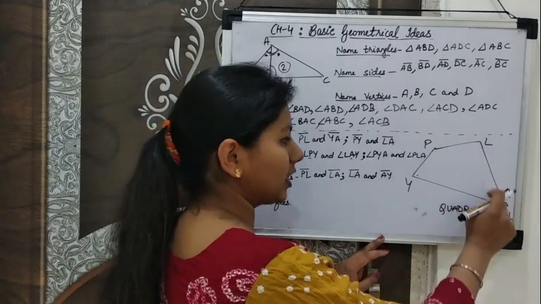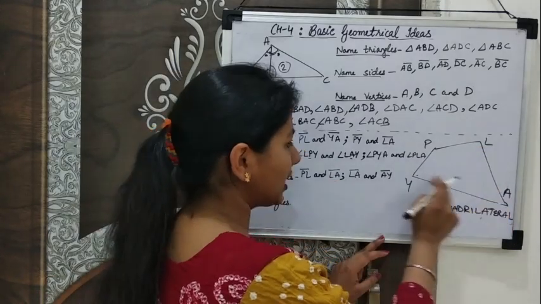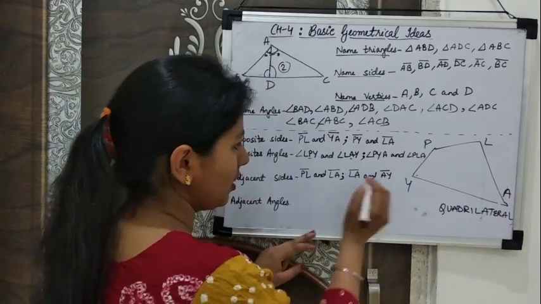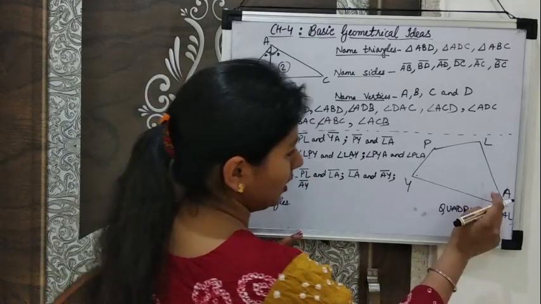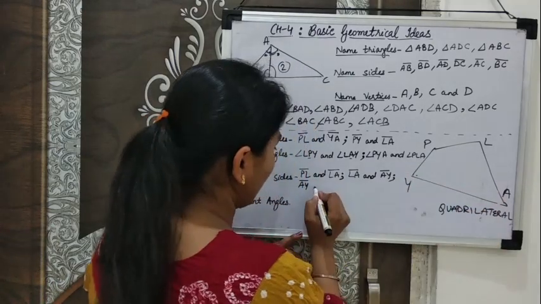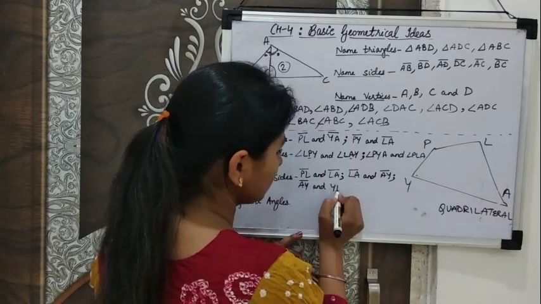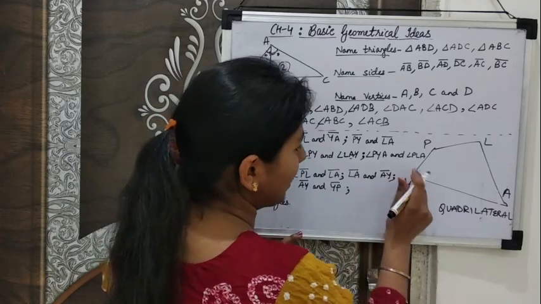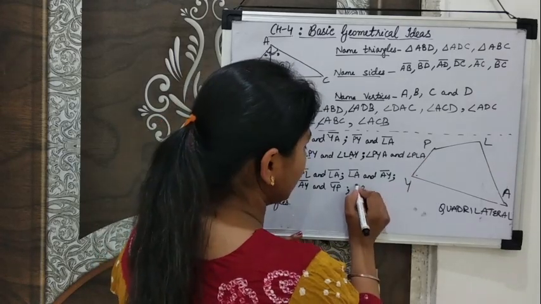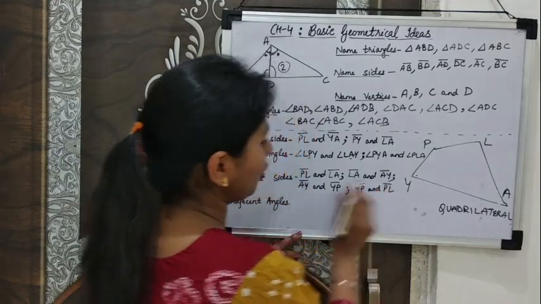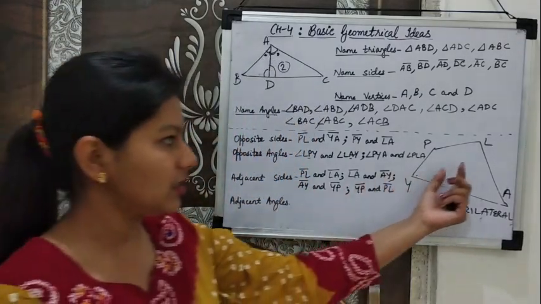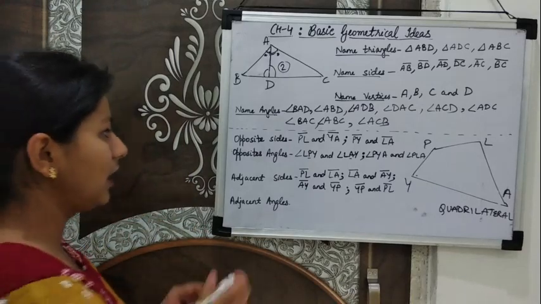So PL is connected to LA, LA is further connected to AY, then AY is further connected to YP, and YP is connected to PL. So these are the 4 pairs of adjacent sides a quadrilateral has.